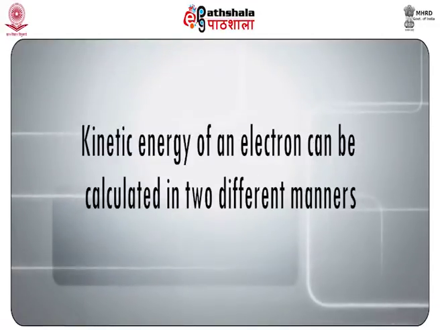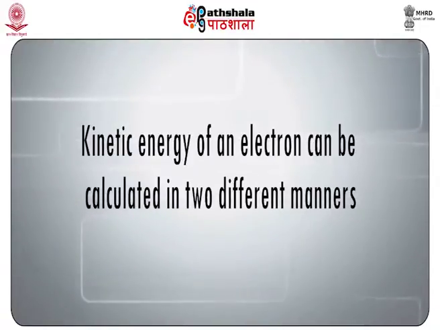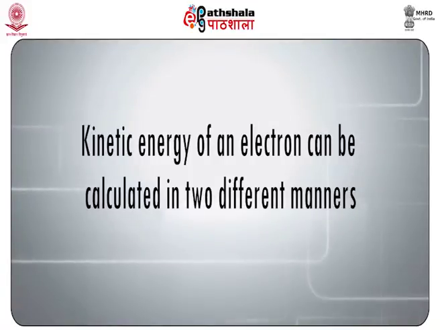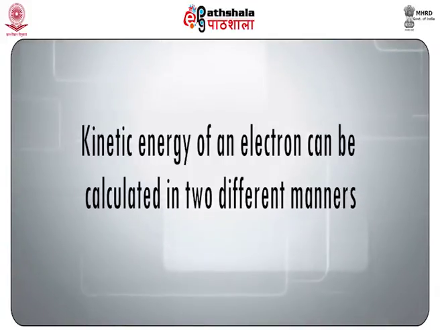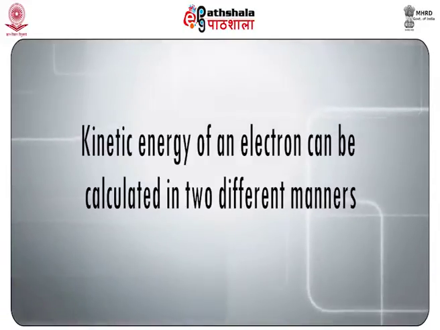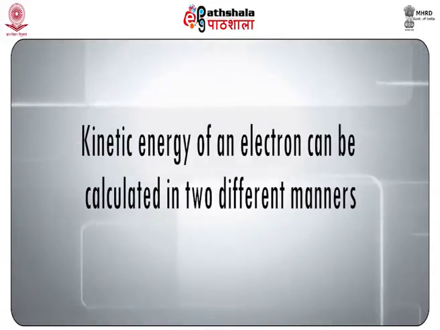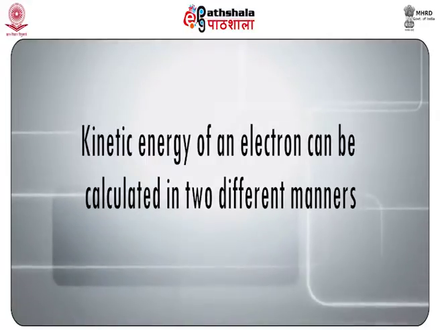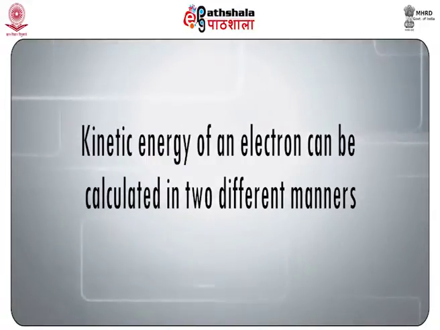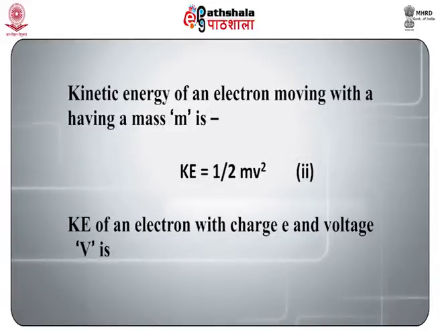Now the kinetic energy of an electron can be calculated in two different manners: from the velocity with which it is moving, and from the voltage, denoted by V, through which it has been accelerated for attaining velocity, denoted by small v.